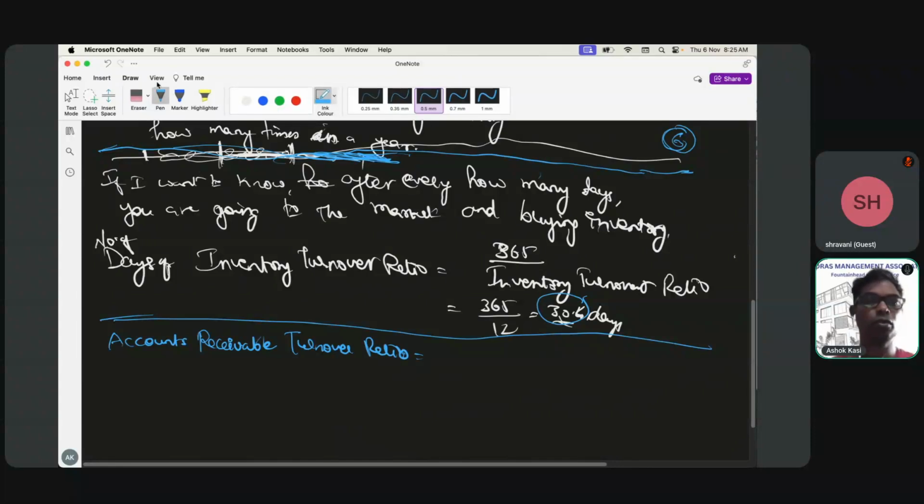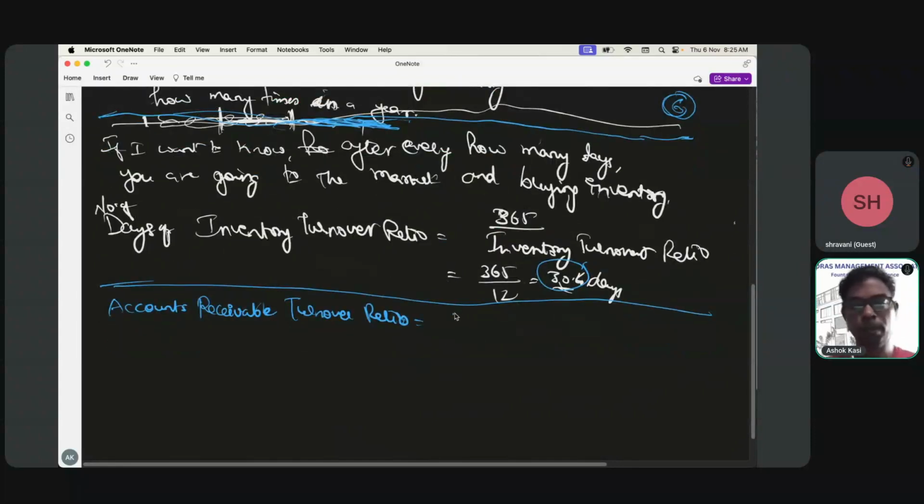Accounts receivable turnover ratio is equal to credit sales divided by average accounts receivable. So say for example, average accounts receivable every time is 100 rupees and you have done credit sales of 1200.